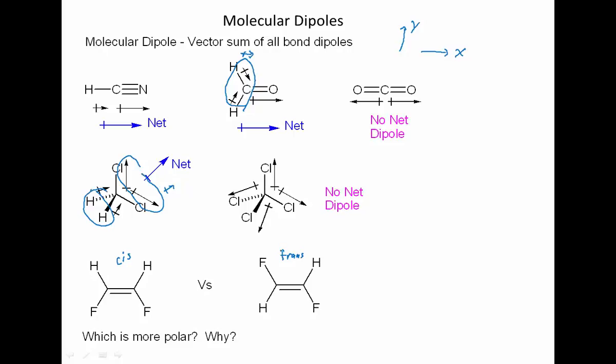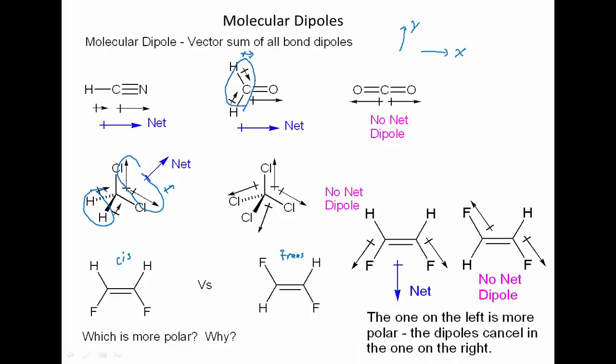Why? Well, cis is more polar because the dipoles work together and send the net dipole down in the cis isomer, but in the trans isomer, the strong carbon-fluorine dipoles oppose each other. We can see a similar effect from the carbon-hydrogen dipoles, which I didn't show.